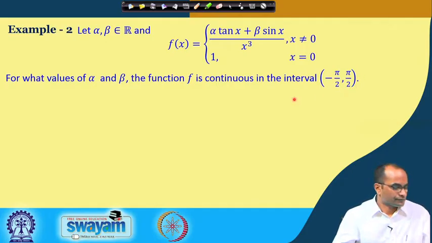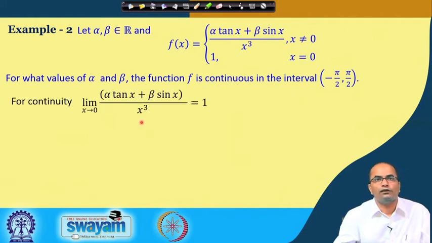Now for the continuity, what do we need? For the continuity of this function, the limit of (alpha tan x plus beta sin x) over x cube should be 1, because at x equal to 0 the function is defined as 1.